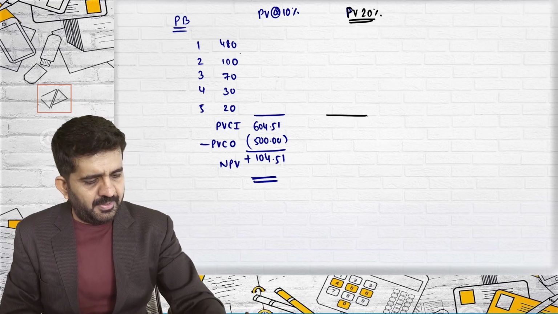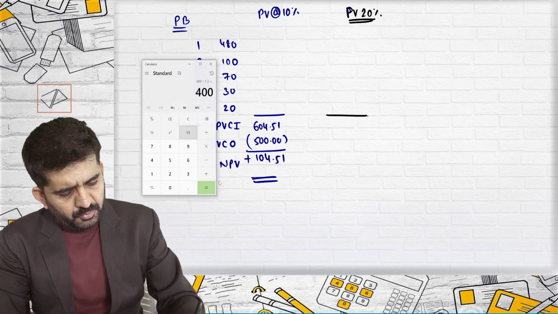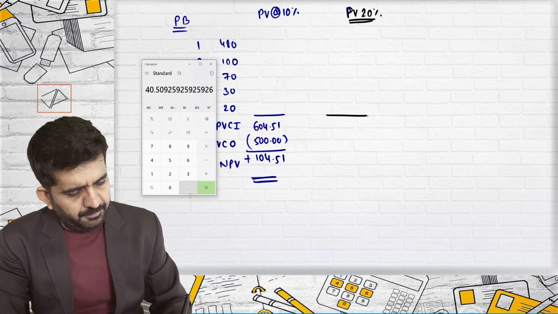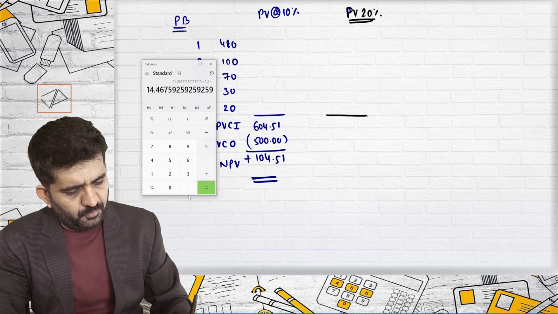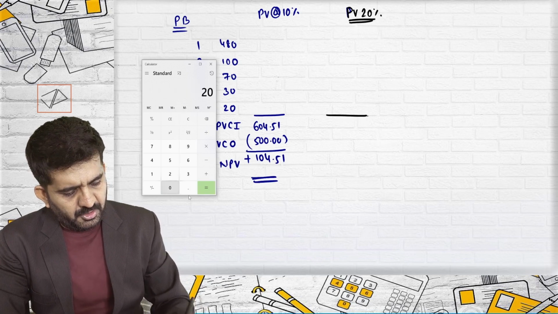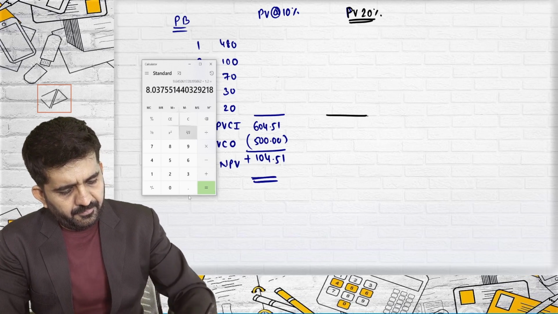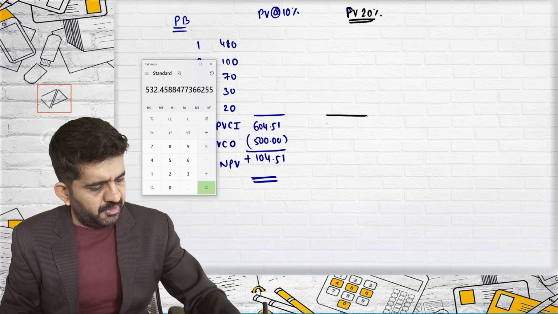So at 20%, my present value of cash inflow will be 480 divided by 1.2, M plus 100 divided by 1.2, M plus 70 divided by 1.2, M plus 30 divided by 1.2, M plus and 20 divided by 1.2, M plus. MRC is 532.46.